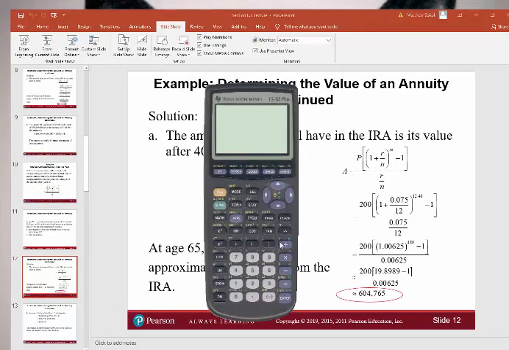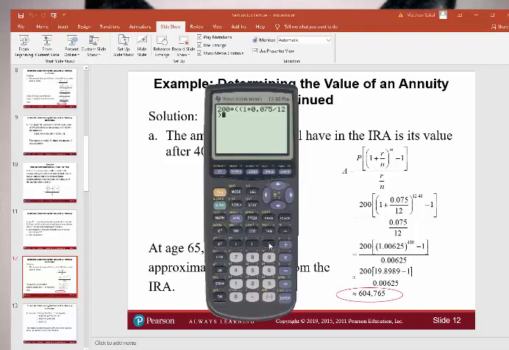So the amount is equal to the principal. I'm going to show you how to do this all in one step. It'll be crazy. 200 times a big set of parentheses. Now let's do a little set of parentheses: 1 plus the rate, 0.075 divided by 12.